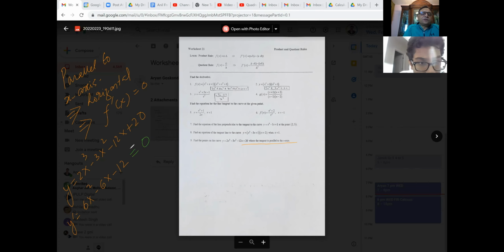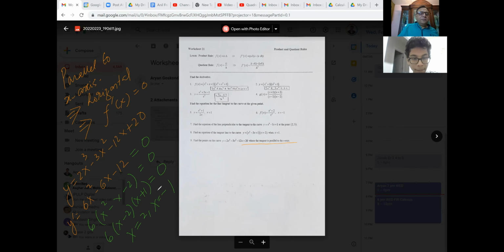Let me equate this to 0 because this is parallel to the x-axis. So this is a quadratic equation. We can take 6 common and we get x squared minus x minus 2 equals 0, which factors as x minus 2 times x plus 1 equals 0. So x equals 2 and x equals minus 1 are the two x values.